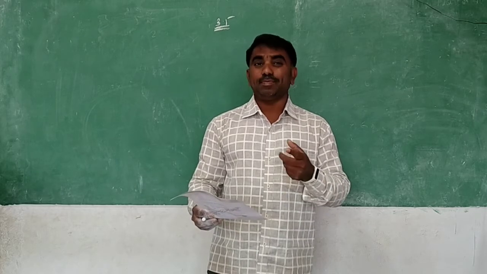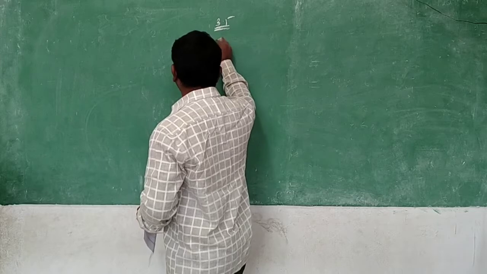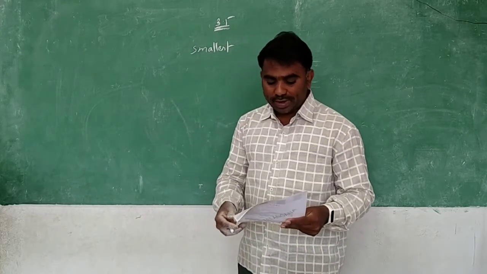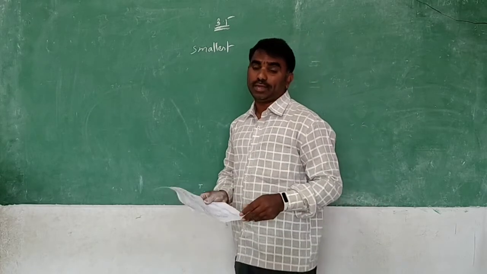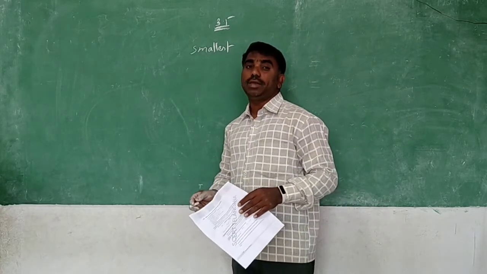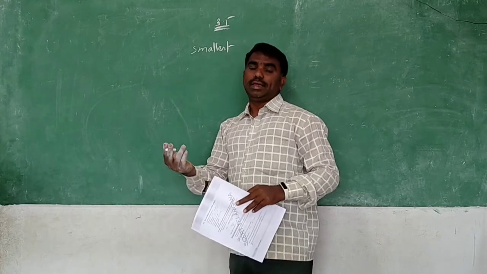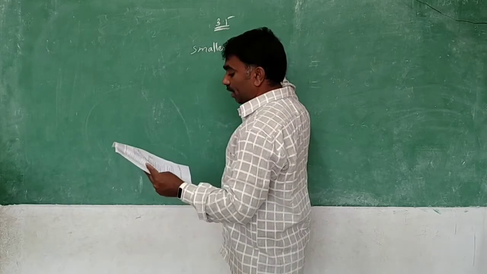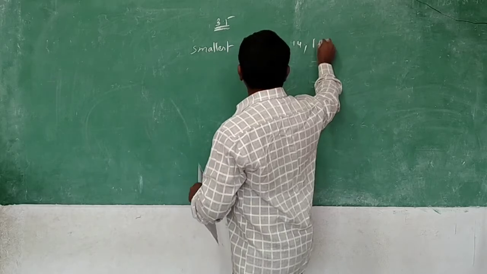See here, find the smallest number. One word I found: smallest. Then, which when added to 5 is exactly divisible. Exactly divisible by means divisible by 12, divisible by 14, divisible by 18.